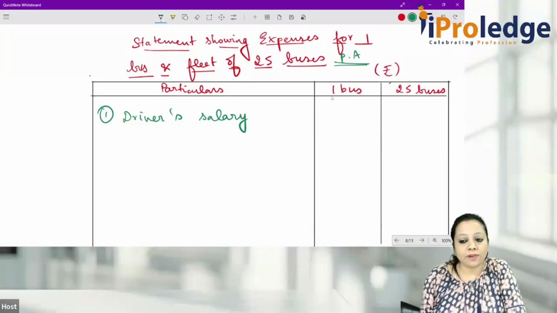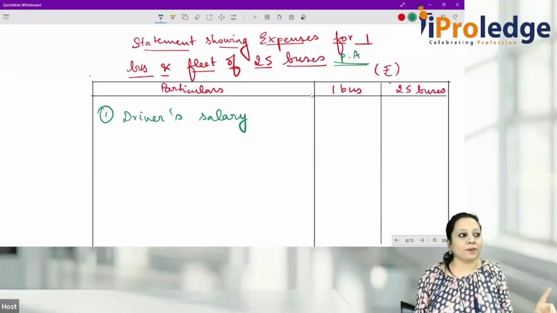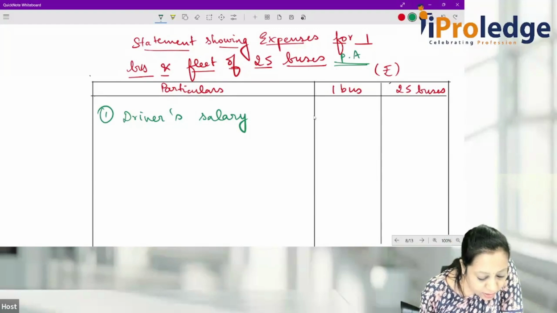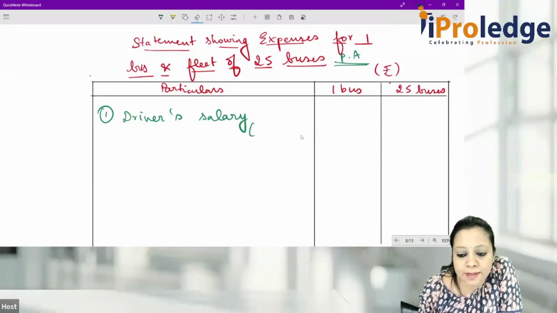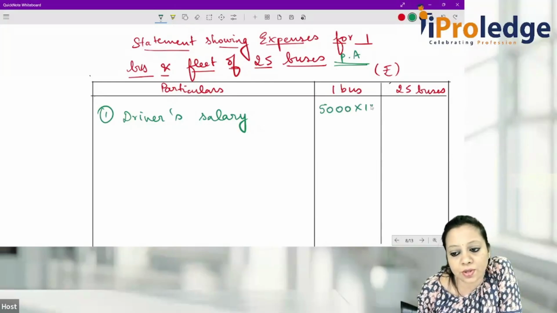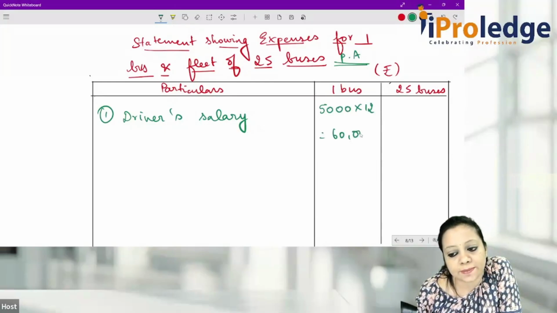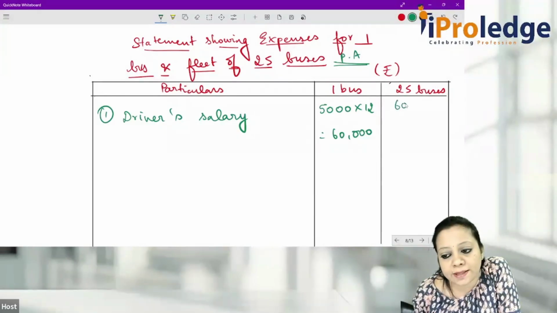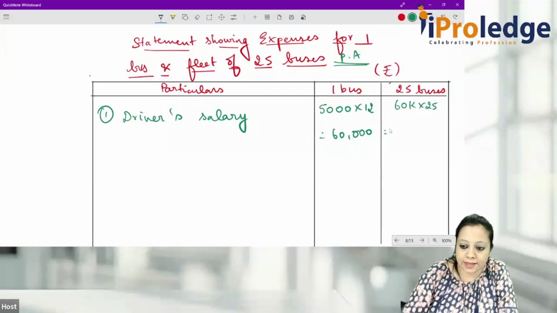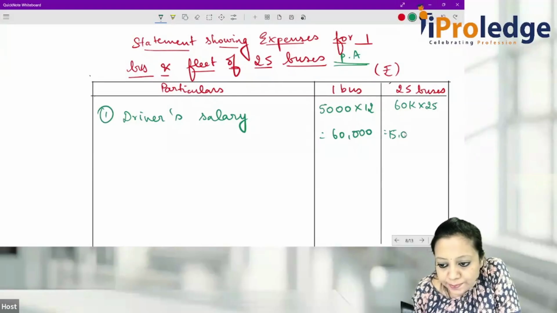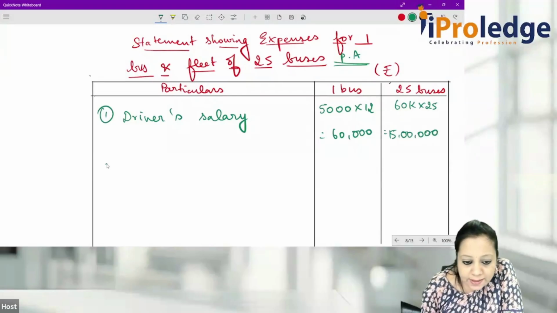Either it is for one bus or 25 buses, it's for 1 year, which means it is going to be 5,000 into 12. That is 60,000. And for 25 buses, it will be 60,000 into 25. That is 15 lakhs. Okay. Thank you. So now we will proceed with the second one.